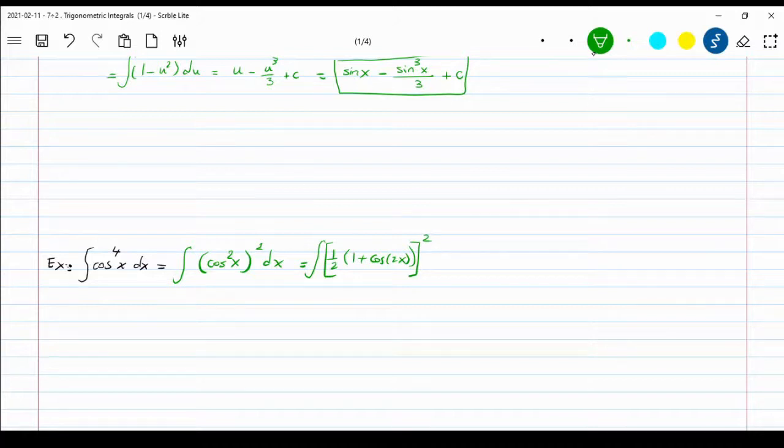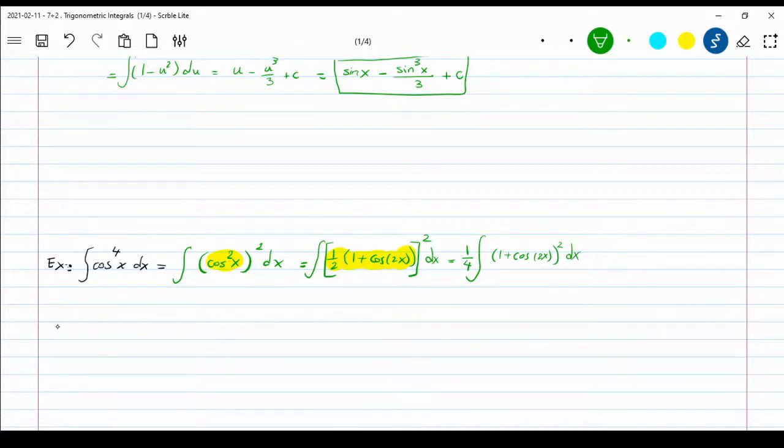So the identity that we used is cosine squared x is exactly the same as 1/2 times 1 plus cosine 2x, and the 2nd power is still out there, dx. Okay, let's simplify it. 1/2 to the power 2 is simply 1/4. It's a constant multiple, so you can write it outside if you want. 1 plus cosine 2x to the 2nd power, dx.